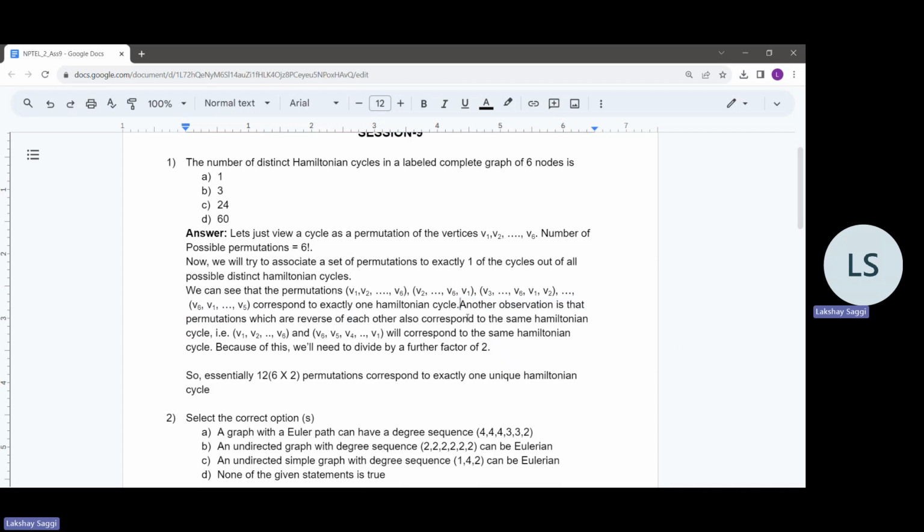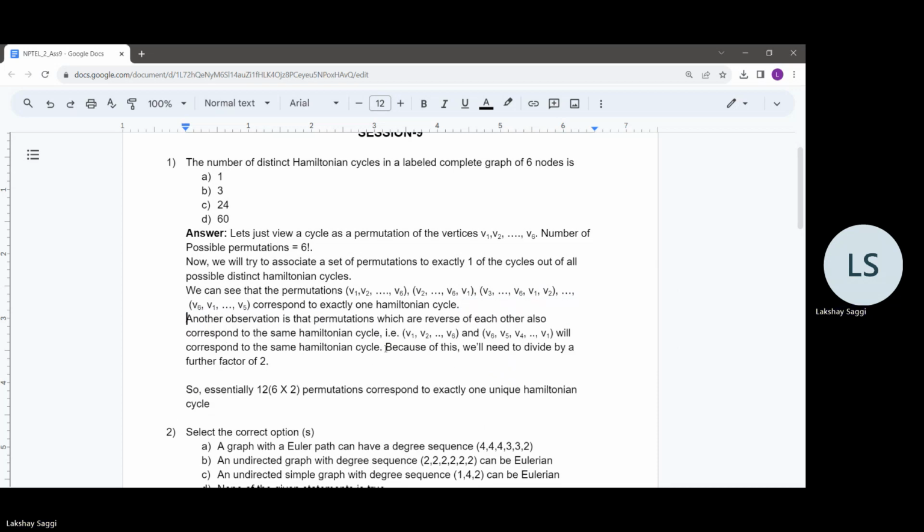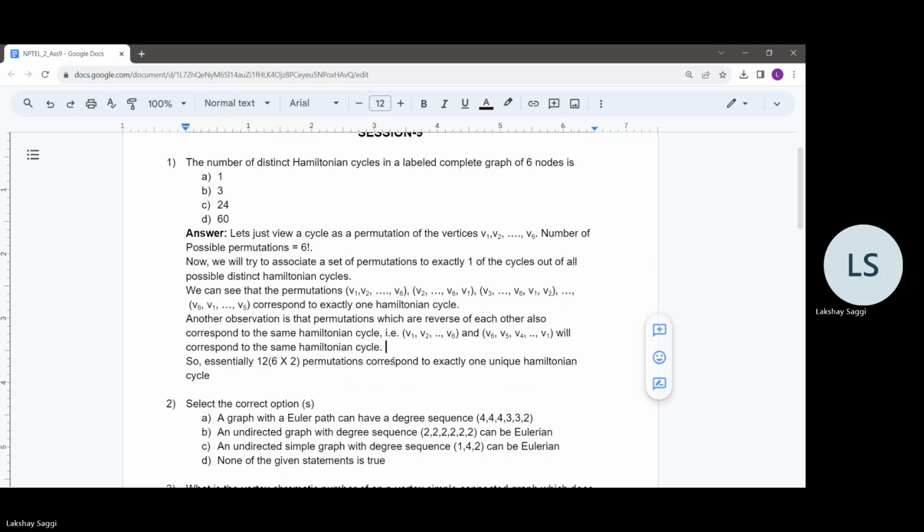So essentially 12 permutations correspond to exactly one unique Hamiltonian cycle.